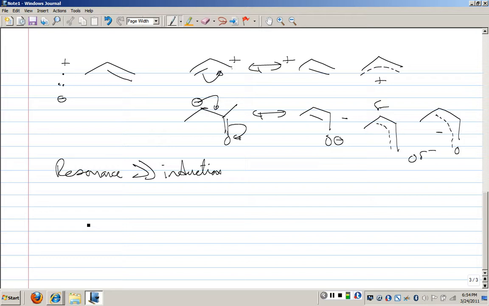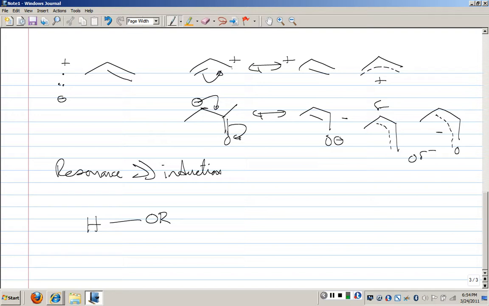So if I have H attached to O, yes, the O is more electronegative than the H, and the electrons will drift towards the O. But the amount of drift they're allowed is compromised by the fact that the electrons are held tightly in the OH bond. So induction is present, but the effect of induction is weak.